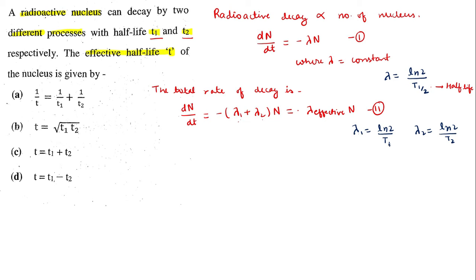Lambda 1 is equal to ln2 by t1 and lambda 2 is equal to ln2 by t2. And also we can write lambda effective as ln2 by t effective.